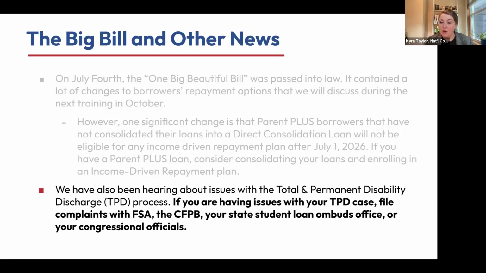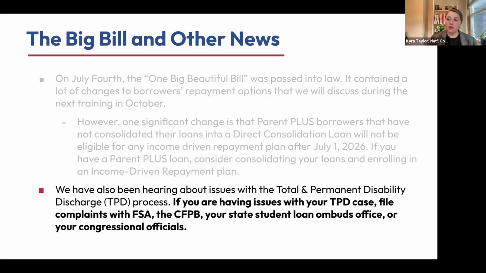Some states have ombuds offices, and your congressional offices also have constituent affairs offices that are designated to provide you with additional assistance. This is a perfect complaint to file with your congressional office as well.